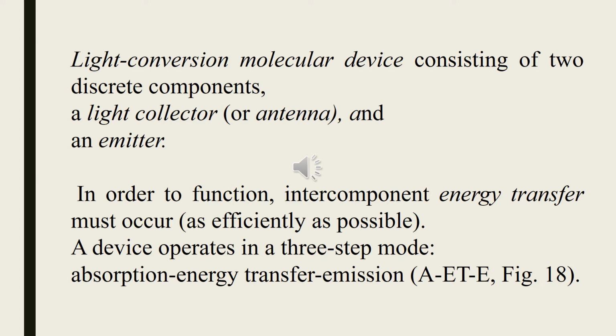In order to function, inter-component energy transfer must occur as efficiently as possible. Thus, such a device operates in a three-step mode, that is absorption, energy transfer, emission, represented by A, ET, E, as shown in diagram 18.